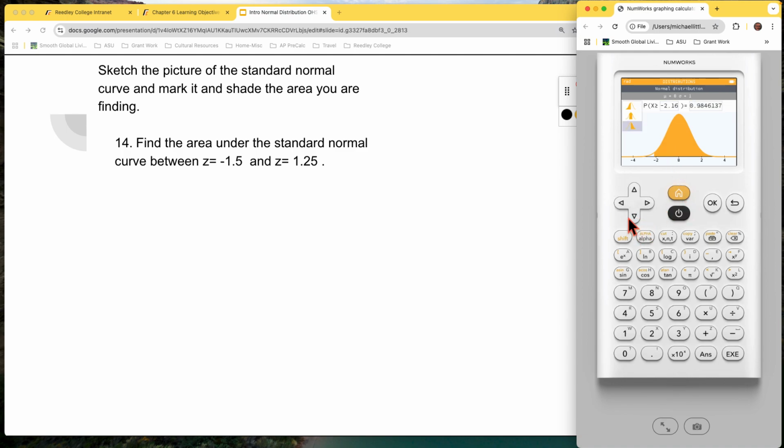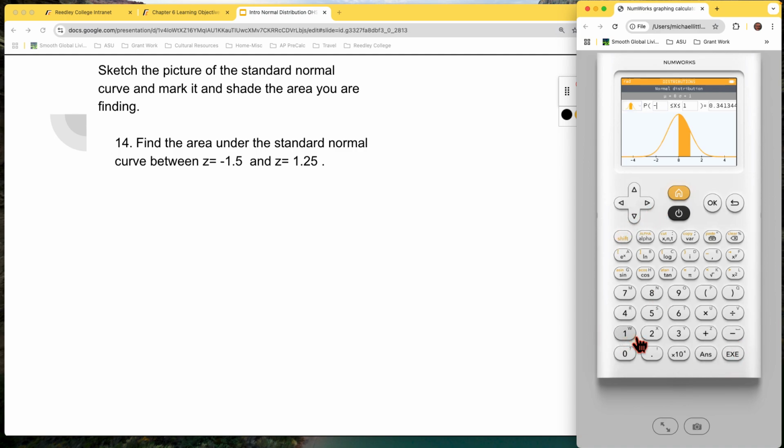We've got our 3 choices, right? We choose the one for between. As soon as we do that, we've got a place to put a lower end and an upper end. What's our lower? Negative 1.5. What's the upper? Positive 1.25. And again, the picture is going to show us exactly what we end up getting.